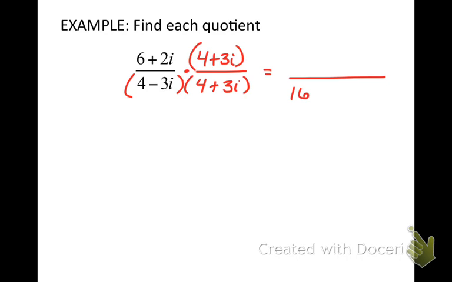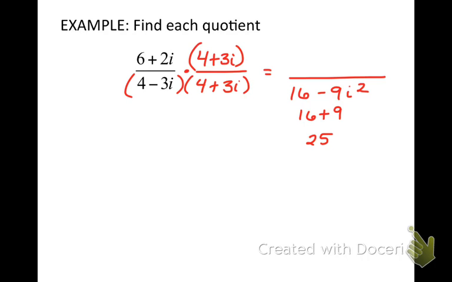My last gets me a negative 9i squared, which would turn into a positive 9, not i squared. So 16 plus 9 means my denominator is going to be 25, which is good because I don't have any more i's in my denominator.